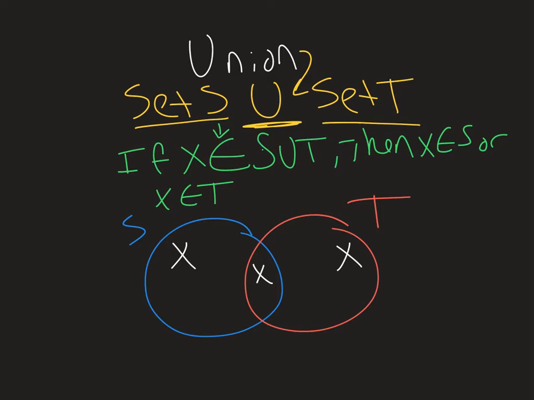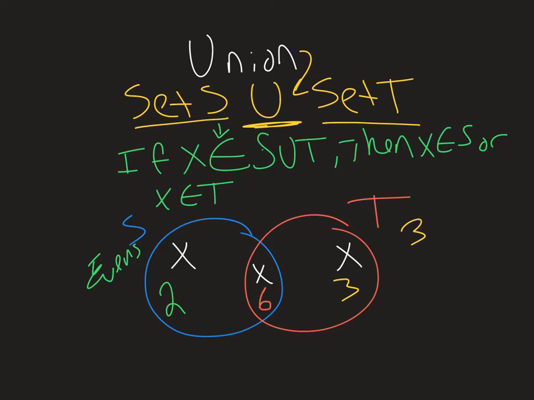So for instance, if S was the evens and T was the multiples of 3, well, 3 would be exclusively over here because it's not a multiple of 2. It's not even. And then 2 would be exclusively within set S because it's not a multiple of 3. But if we think about 6, that would land right in the middle.